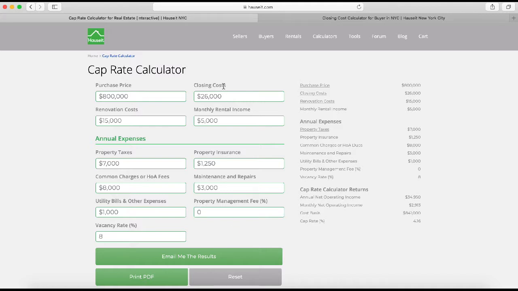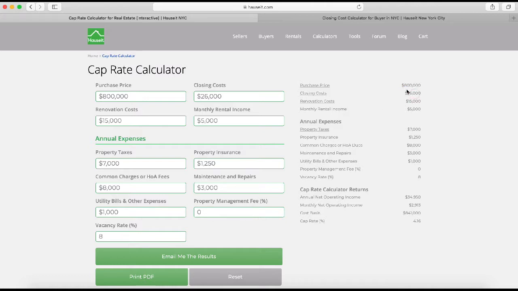So we filled in pretty much everything here in the cap rate calculator, and it looks like outright our cap rate is around 4.16%. Now in terms of the cost basis, here it's $841,000. If we figure out how that's calculated, it's basically our purchase price plus closing costs and renovation costs.